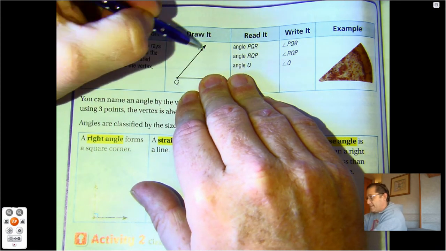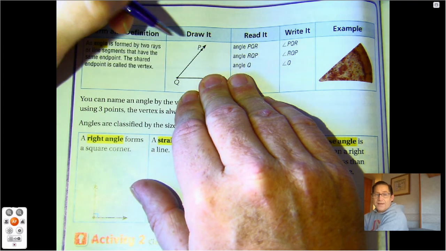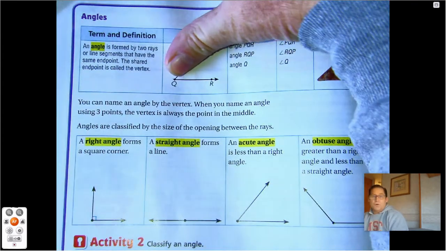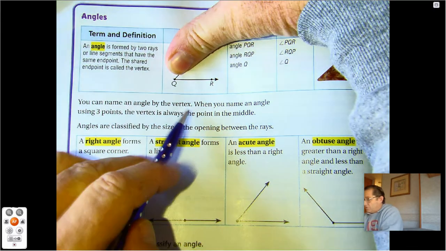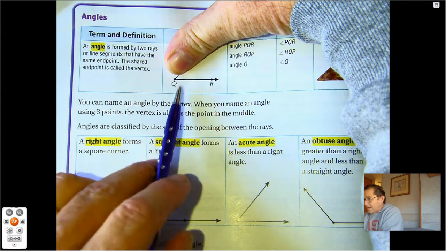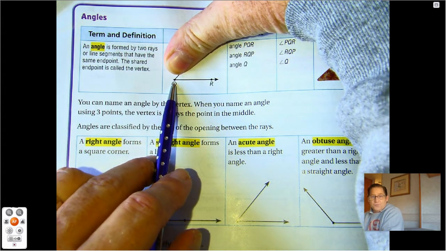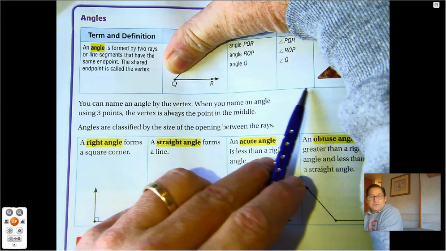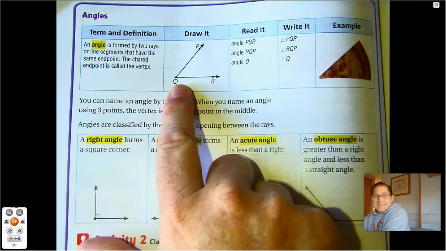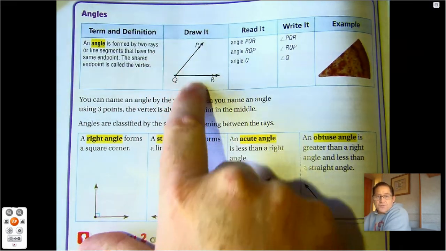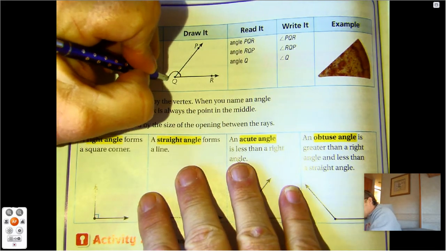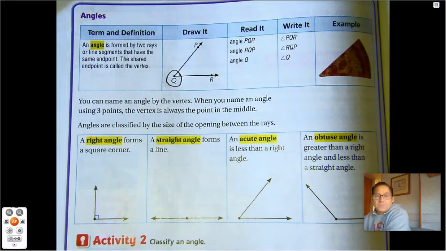So QP are 2 identified points on that ray. If I only had QR, that would also be a ray. I have an arrow only on one end, it has a definite endpoint of Q, and it goes on continuously in this direction. They are sharing the same endpoint Q.